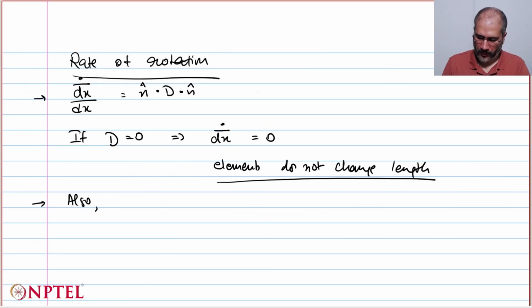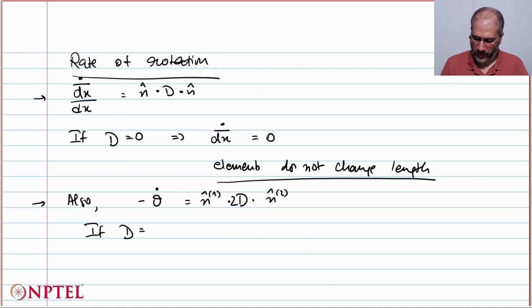Additionally, we also showed that the rate of decrease of the angle theta between two perpendicular vectors n1 hat and n2 hat is n1 dot D dot n2 times 2, or twice n1·D·n2. So in this case, if D is 0, then this implies that theta dot is 0.